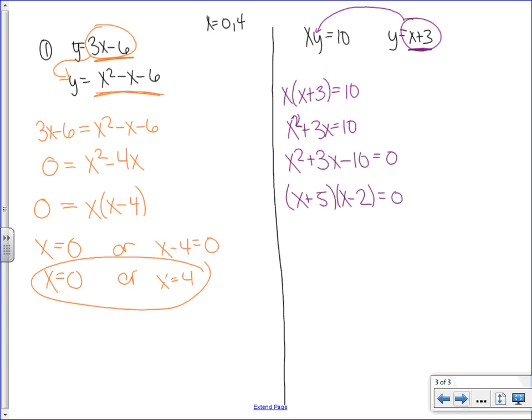The zero product property says that if two things multiply together to give you 0, the first one is equal to 0, or the second one is equal to 0. So I get that x is equal to negative 5, or x is equal to 2. Now what did it ask me? Determine the x coordinate. I found the x's. I'm good. That's it. I'm done.